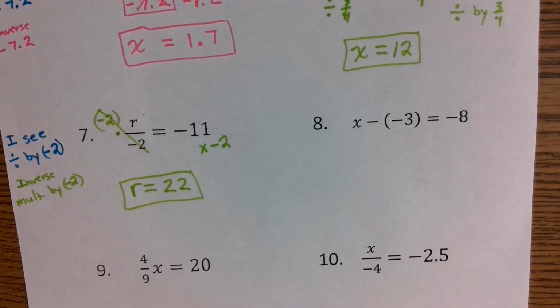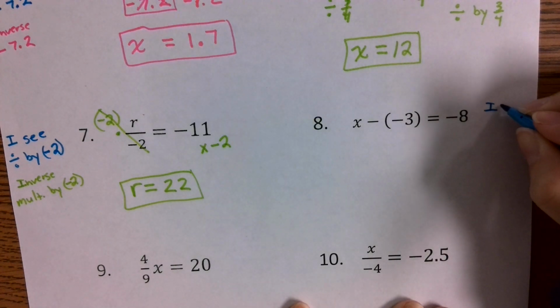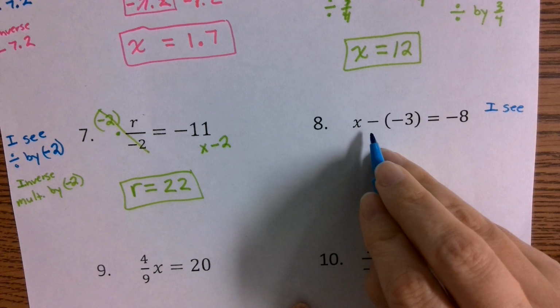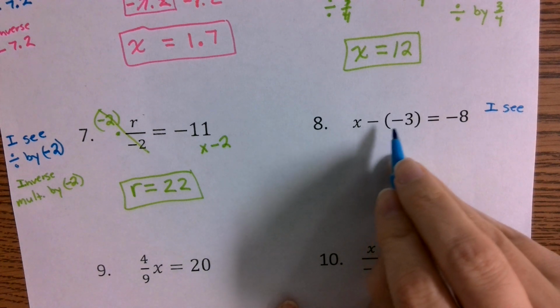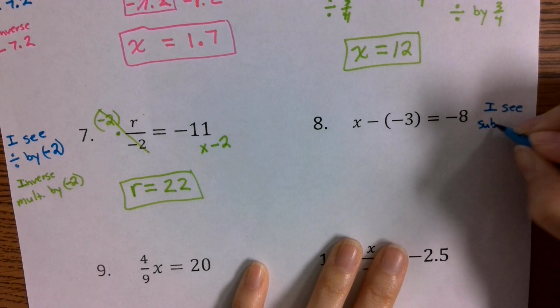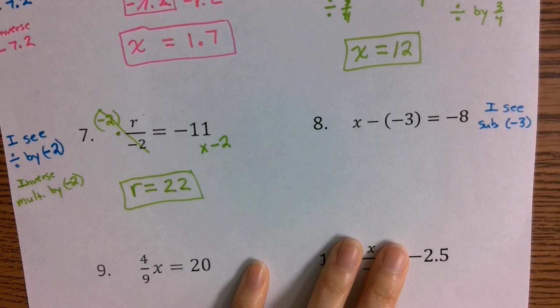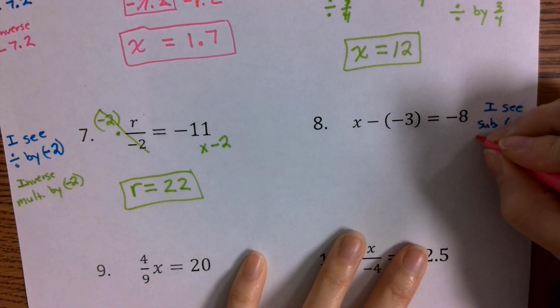Okay, for problem number 8, what do we see? I see subtraction. And what am I subtracting? I'm subtracting a negative 3. So what's the inverse of subtraction? Addition. So I'm going to do the inverse.